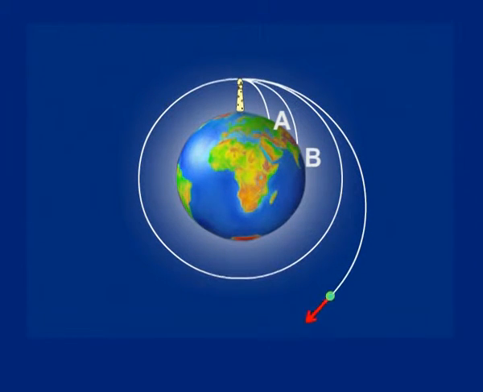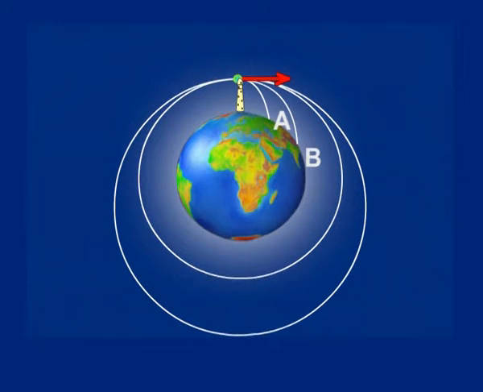The result will be that the stone will follow a circular path around the earth. As the stone is moving around the earth, it may be called an artificial satellite of the earth.